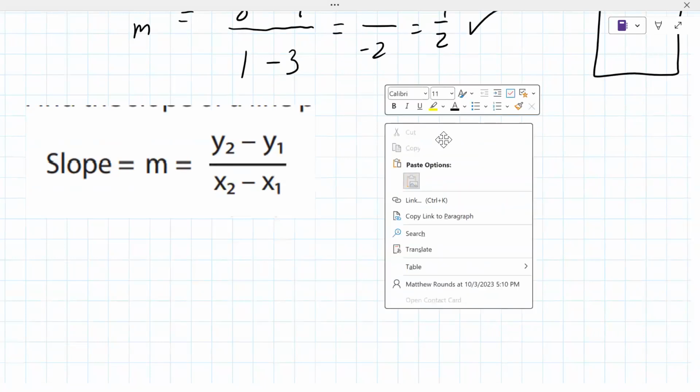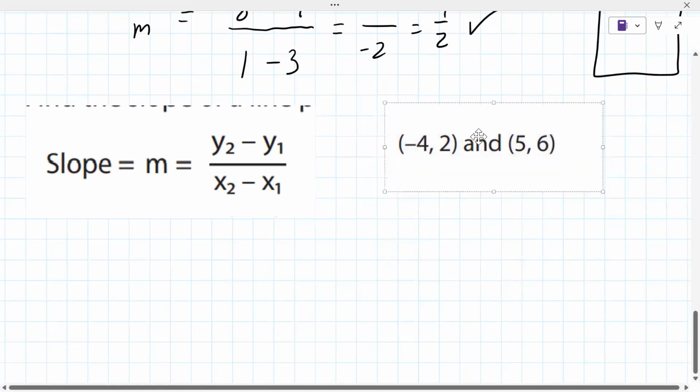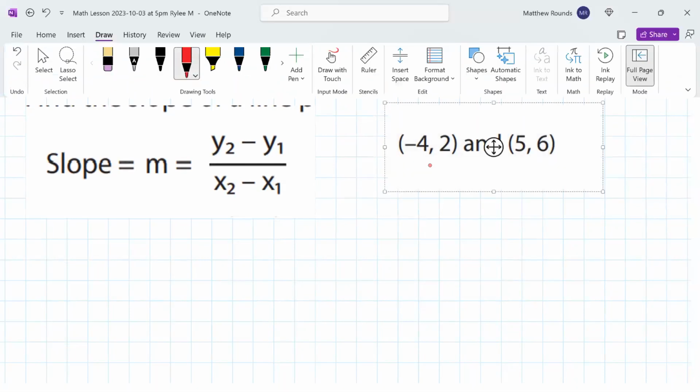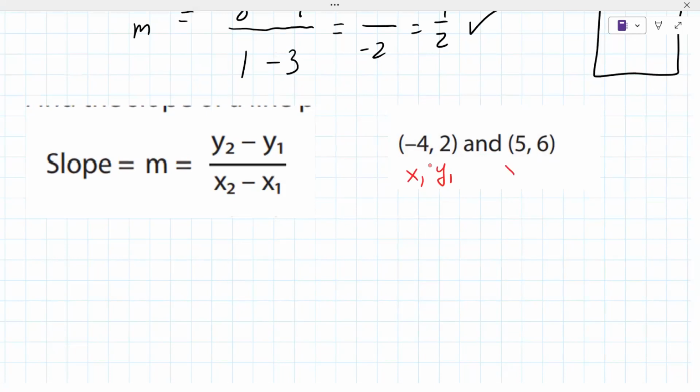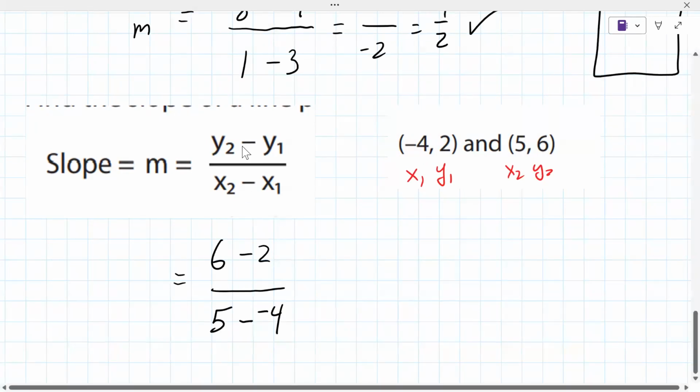I think it's really important to always identify what is x1, what is x2, x1, y1, x2, y2. All right, so this one is 6 minus 2 on the top, and then on the bottom it's 5 minus a -4. The subtraction is always there.